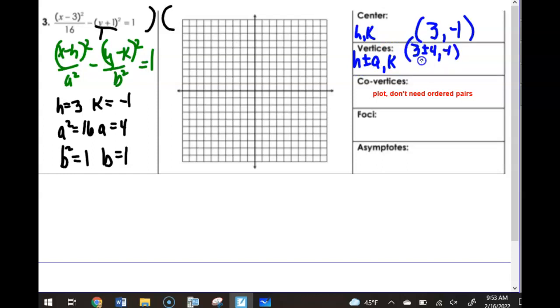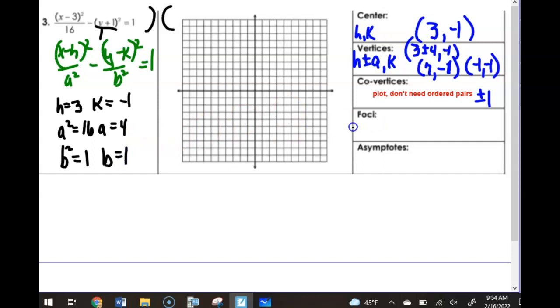On the quiz, I would say you need to write out that that means 7, -1, and it means -1, -1, right? 3 plus 4 is 7, 3 minus 4 is -1. I'm not going to be super picky on your notes, but on a quiz, I want to know that you actually wrote out the ordered pairs. The co-vertices are b away, so that's going to be plus or minus 1.